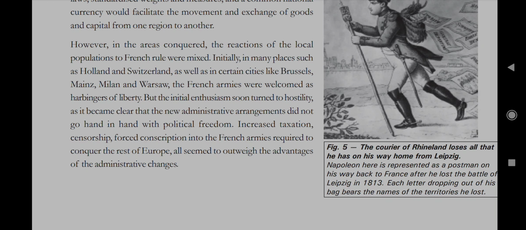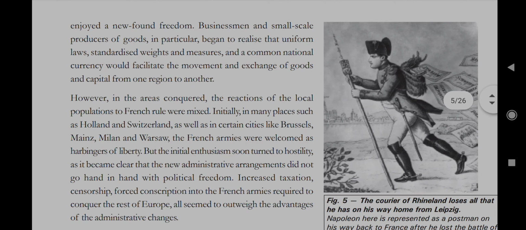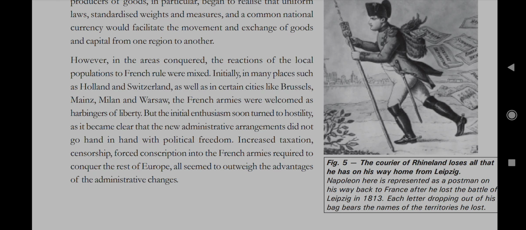However, in the areas conquered, the reaction of the local population to French rule was mixed. See, businessmen and small-scale producers realized that the various measures introduced, like standard weights and a common national currency, would facilitate them.